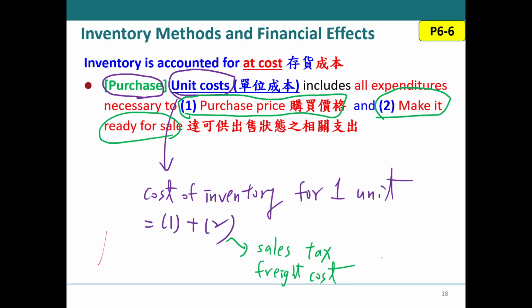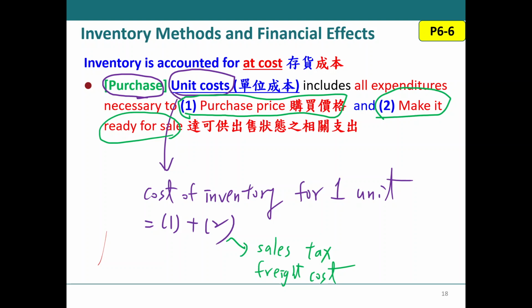We talked about that in chapter 5. How to determine your cost of inventory, 1 plus 2 for 1 unit. So no problem for you. So what's the problem? When you buy 1 unit, how to determine it?